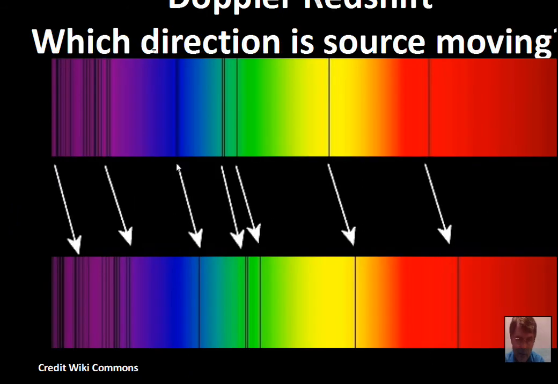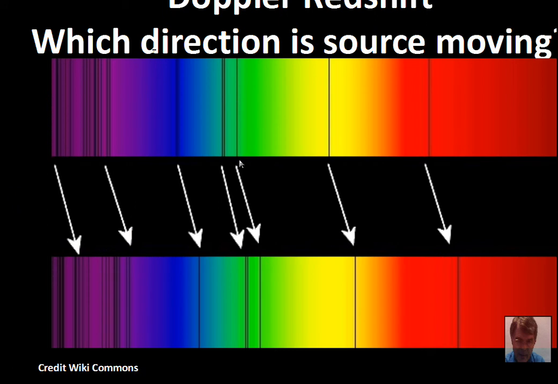So here's a little bit of an example of this with the absorption lines. Let's suppose that this upper one is the measurements made in a laboratory, and here are measurements made at a telescope, and we're illustrating the measurement of the absorption lines, that they're shifted towards the red. So what direction is the star moving?